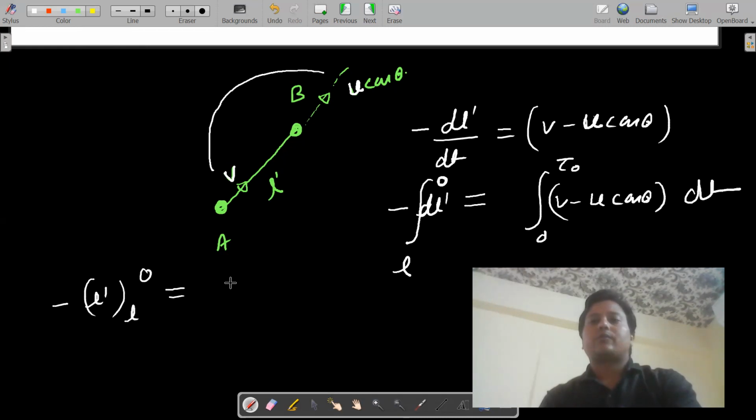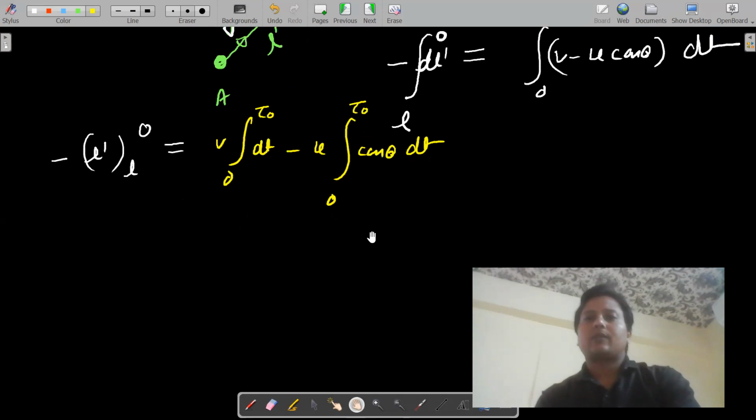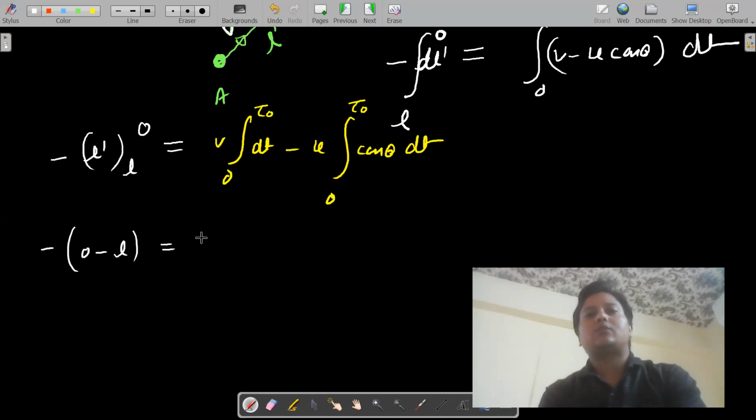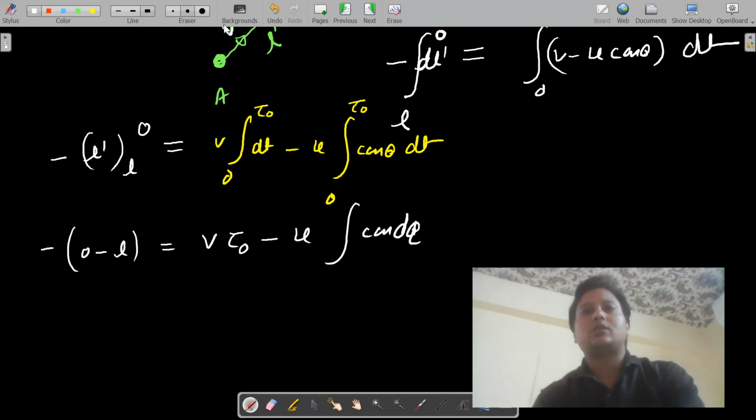So v times the integral from 0 to tau naught of dt, minus u, which is a constant, times the integral of cos theta dt, since theta is not a constant, from 0 to tau naught. So the integral will be: minus 0 minus L equals v tau naught minus u times the integral of cos theta dt from 0 to tau.